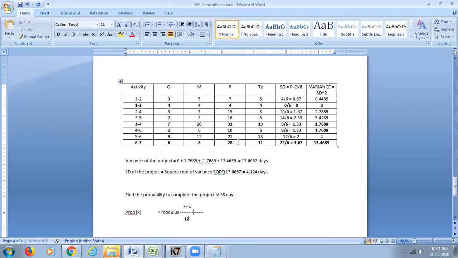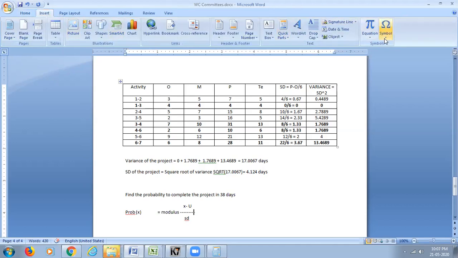No negatives, only positive should be taken. If you use this formula with the modulus bar, here you will come across x minus mu.